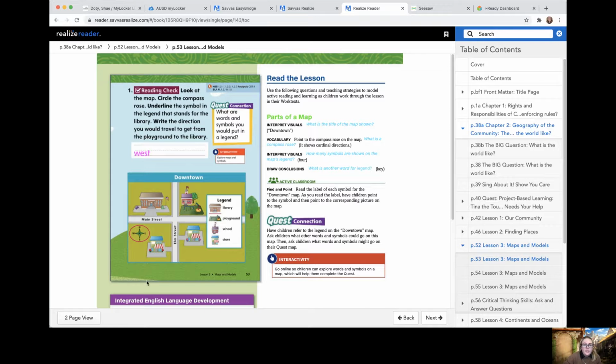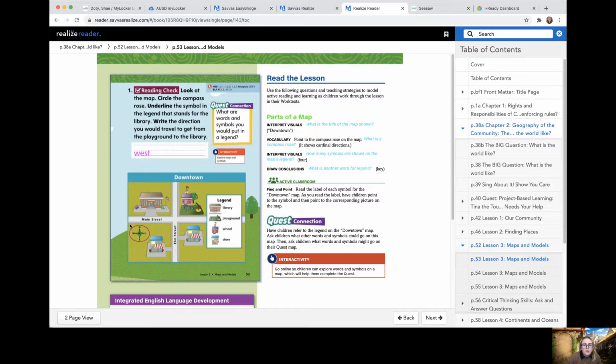And then we see the compass rose. The compass rose is on our map. And remember, the compass rose tells us our cardinal directions. So it tells us north, east, south, west.